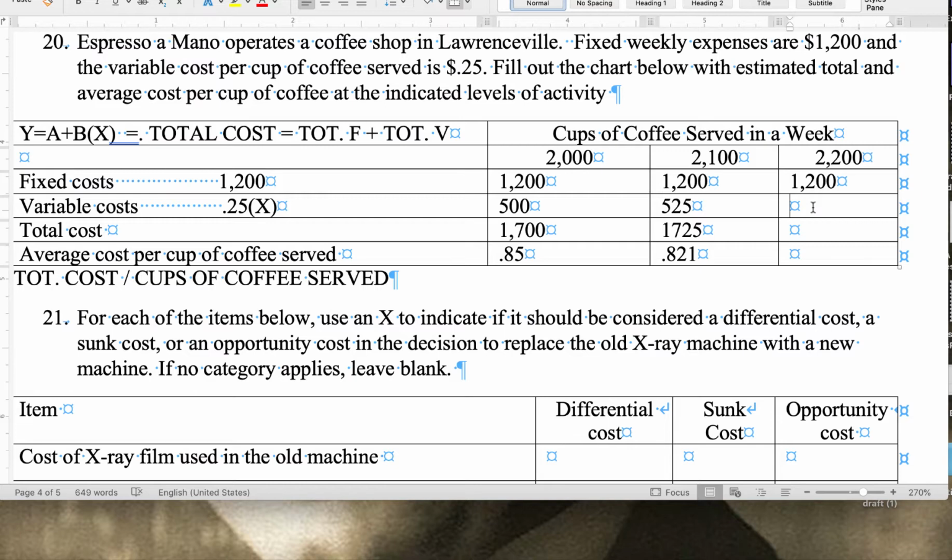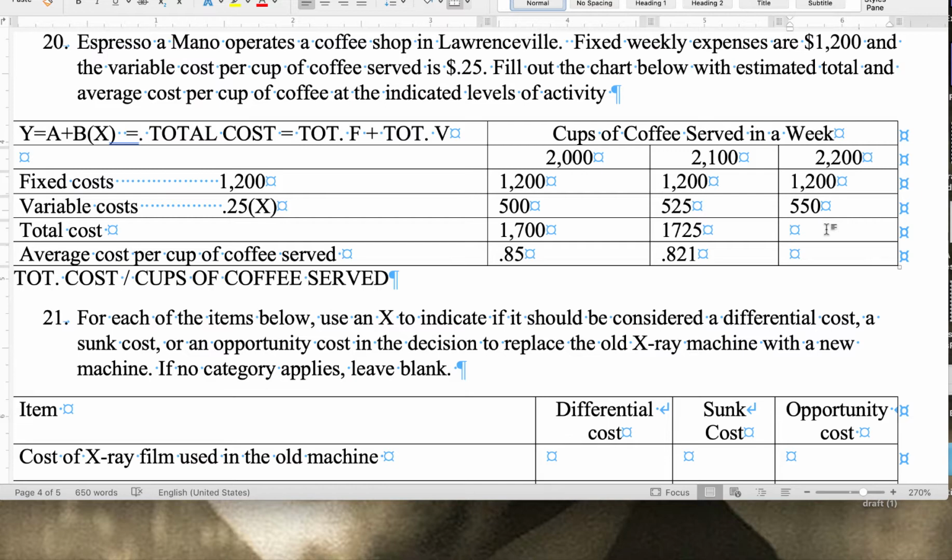Now I've got to figure out the total variable cost. I already have my equation, 0.25 times X. What's X? Well, in this scenario, X is the 2,200 units. So 25 cents times 2,200 cups of coffee is $550. What's my total cost?